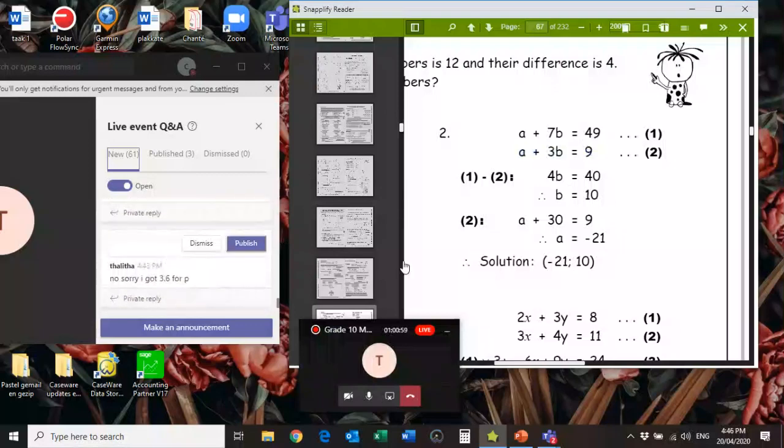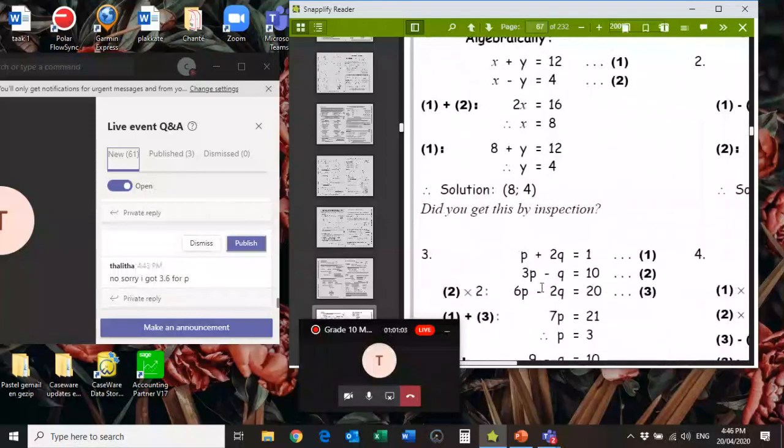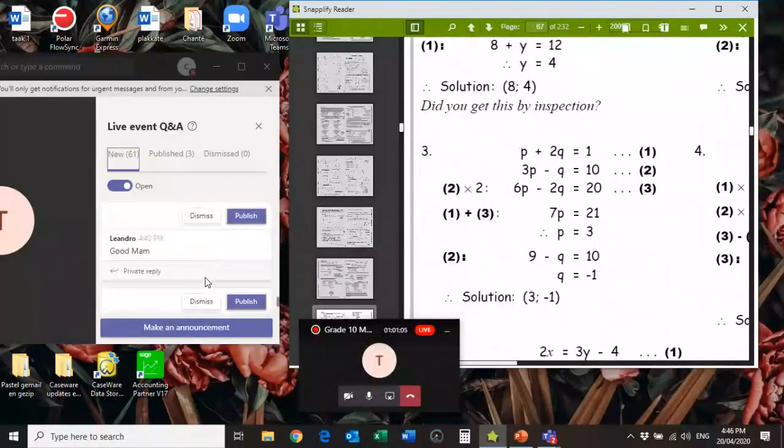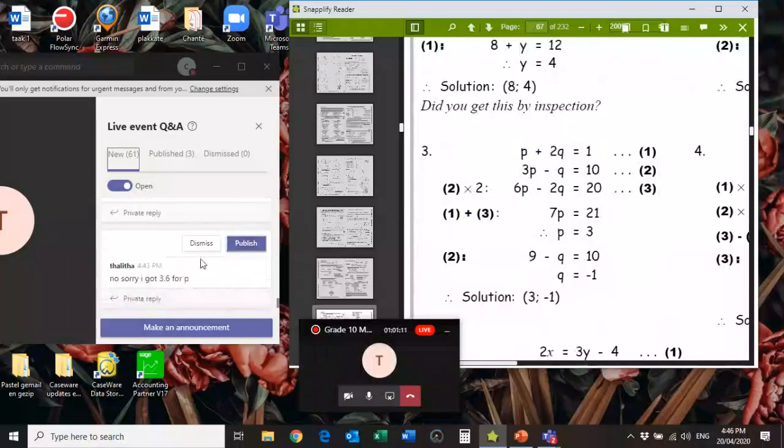Okay, let's just quickly go back to number 3 before we leave. Talita, to answer your question, you won't ever really get commas. So if you ever work out a question and you get comma stuff, especially with these questions, you know you did something wrong.